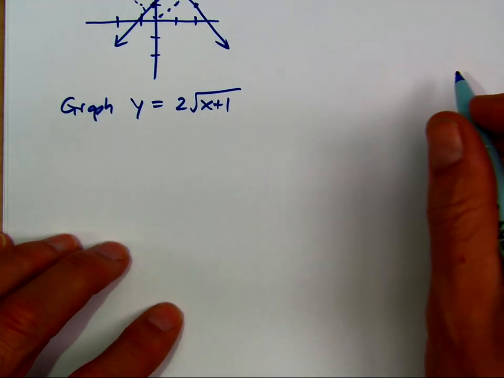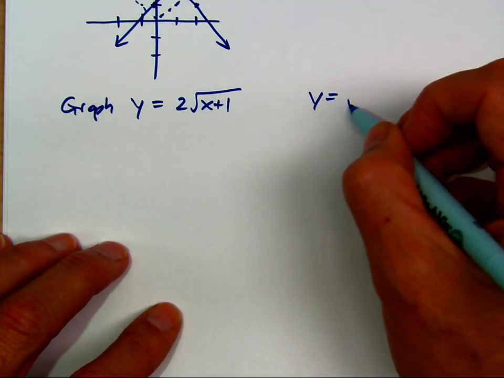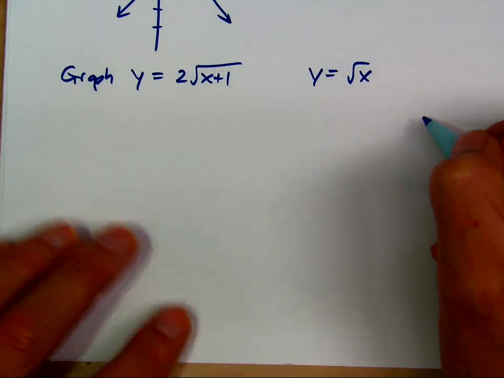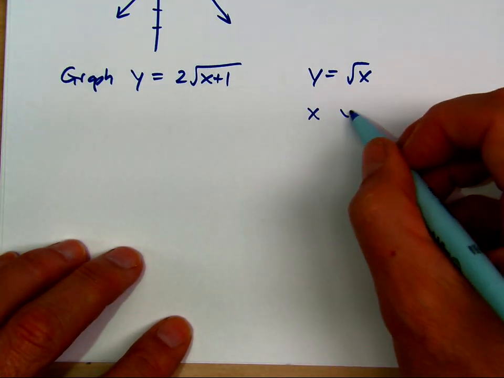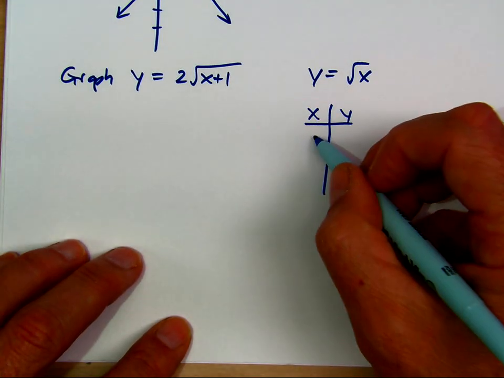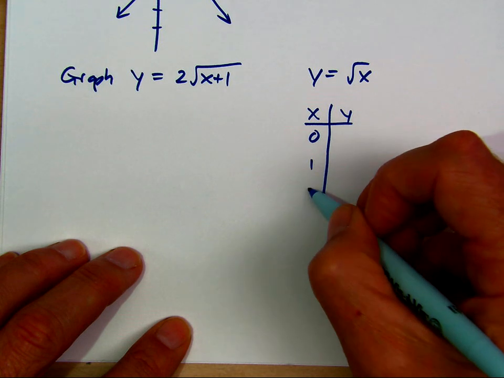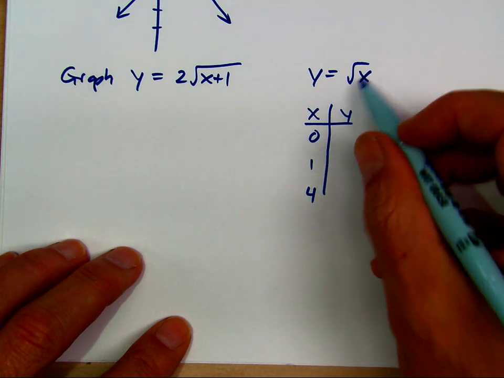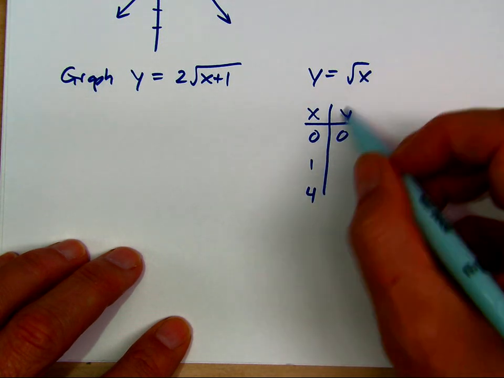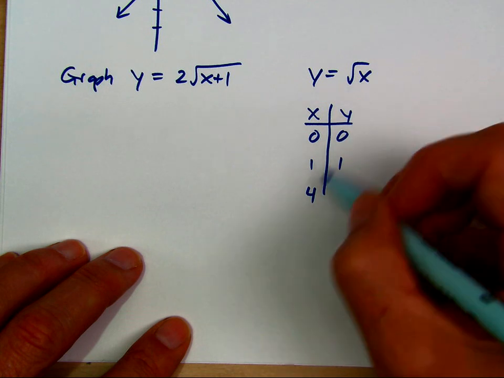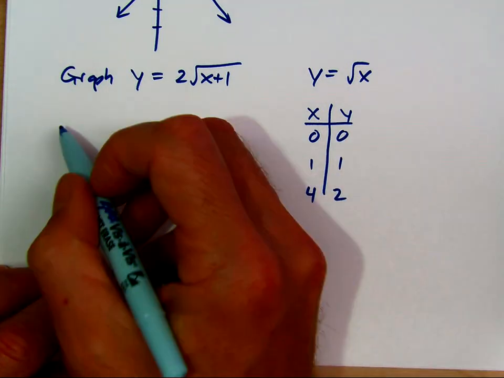So here let's look at the parent function being that, and let's use 0, 1, and 4. The square root of 0 is 0, the square root of 1 is 1, the square root of 4 is 2, so we have these 3 points for the parent function.